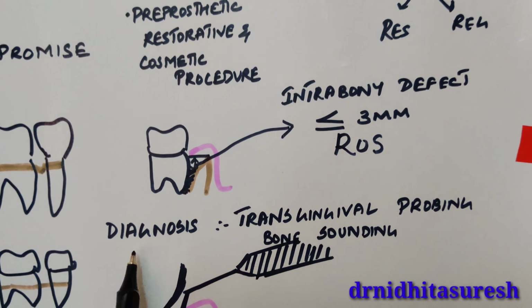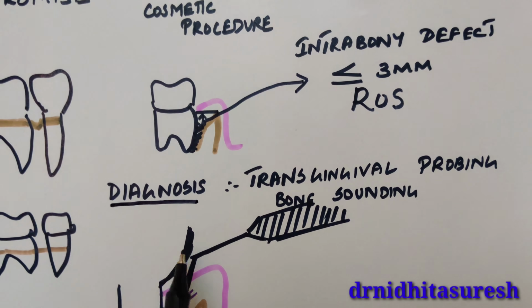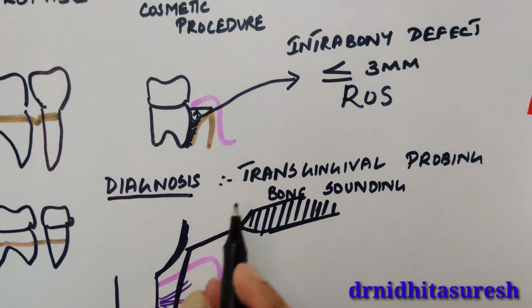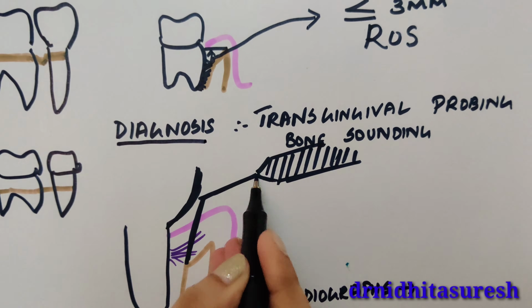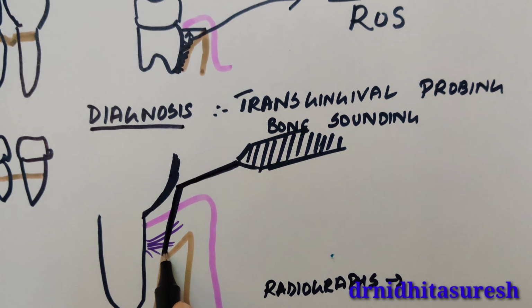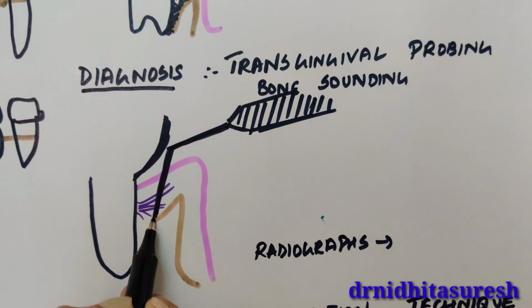And now, one important aspect to be stressed on during your diagnosis of resective osseous surgery is that before you start, you give a local anesthesia and you have to do a transgingival probing or a bone sounding. Meaning you're going to probe up to the level of bone.